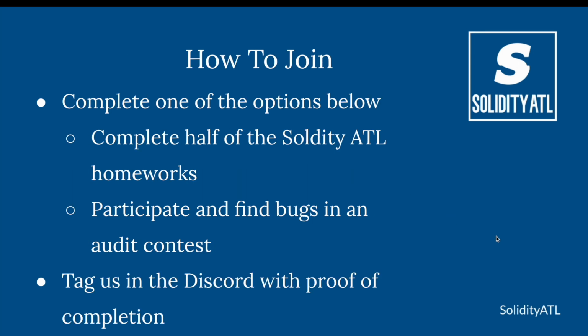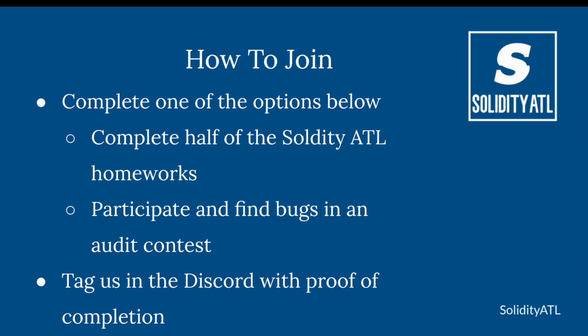All right, so we're going to talk about how to join audit squads. You're going to have to complete one of the two options below. You need to either complete half of the Solidity ATL homeworks or participate and find bugs in an audit contest. I believe we're going to cap it at least 3 medium bugs.